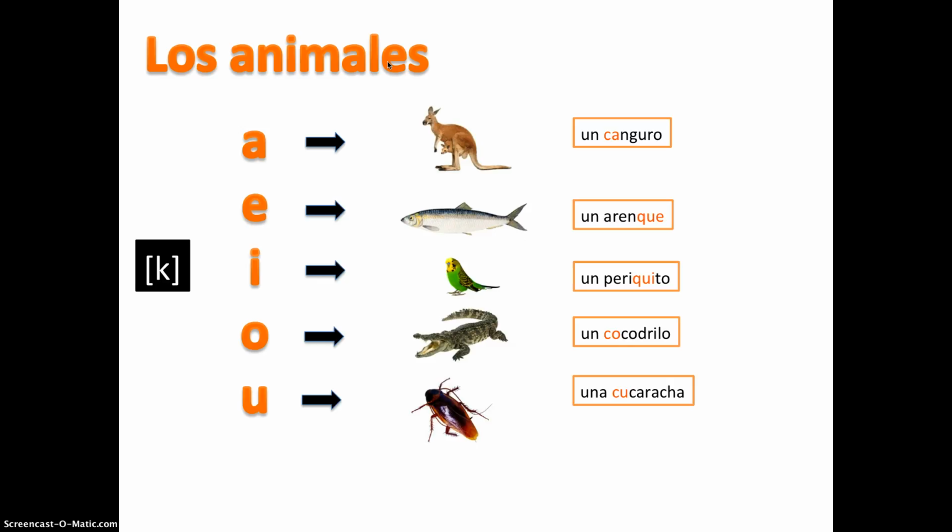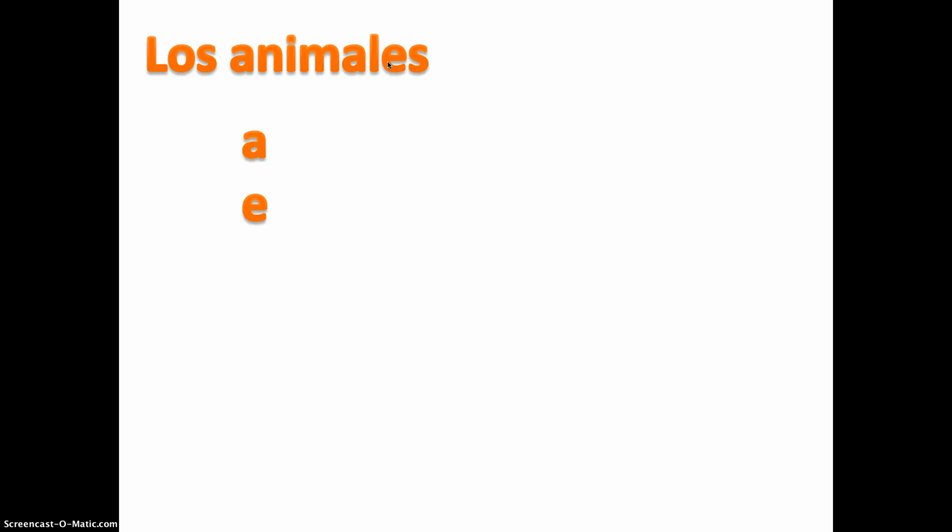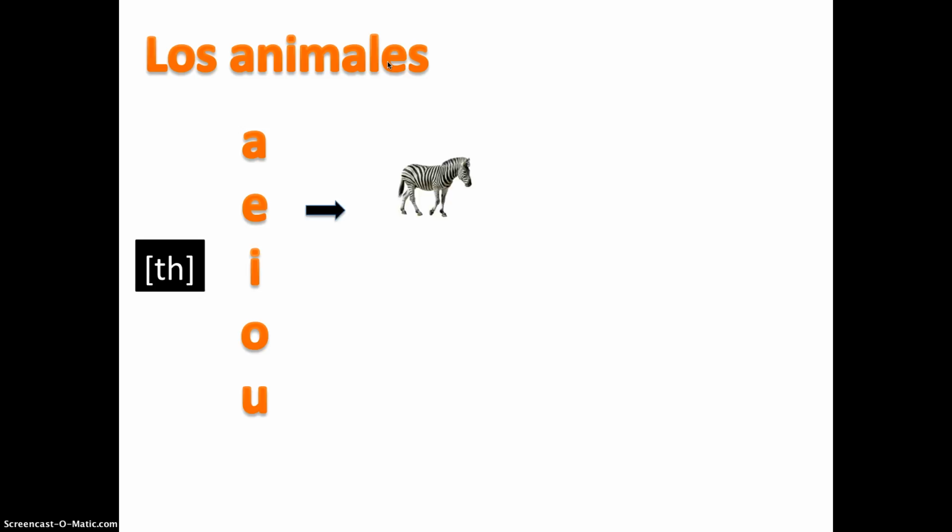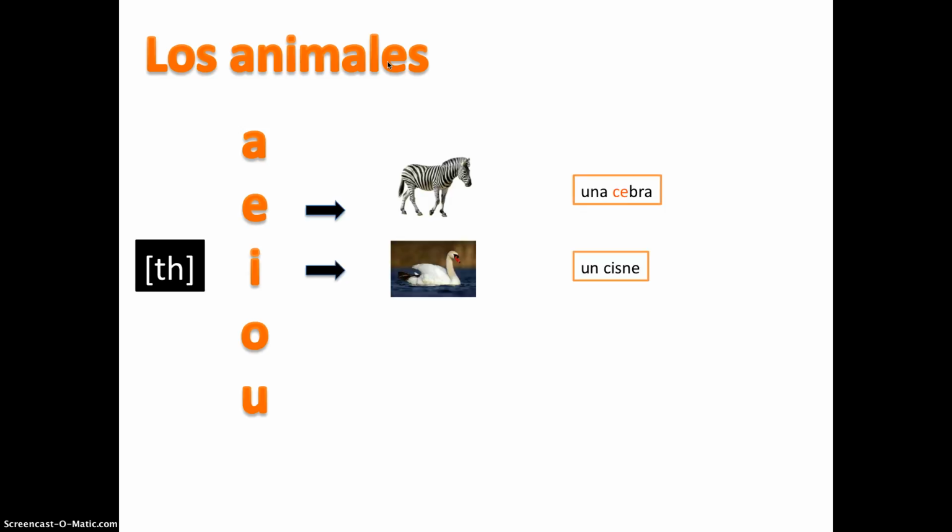Okay, let's carry that into the next combination with our 5 vowels. We now have the th sound, a very common sound in Spanish. So first of all, we have the th used as in una cebra. Say it, una cebra. We have it again with an I, as in un cisne. Say it, un cisne. And finally, animals come from un zoo.